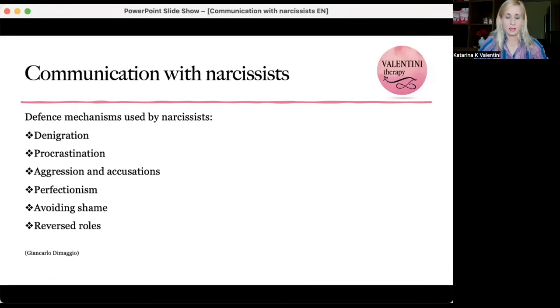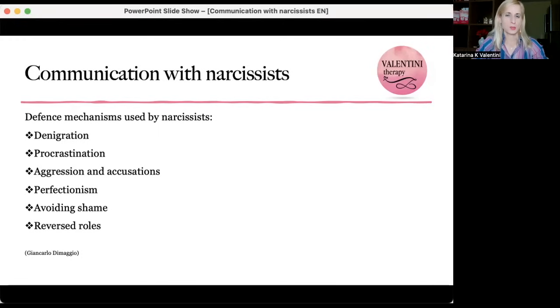They feel that if they are shamed, that they are not good enough, and then they will be rejected. So in order to avoid shame, they will do whatever it takes. They will change the subject, they will not listen, they will respond with "I don't know," they will procrastinate, or they will start attacking us.